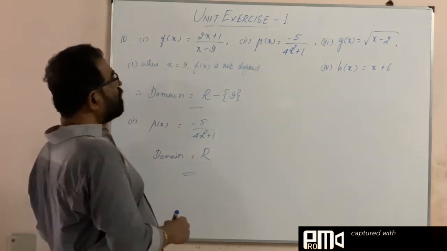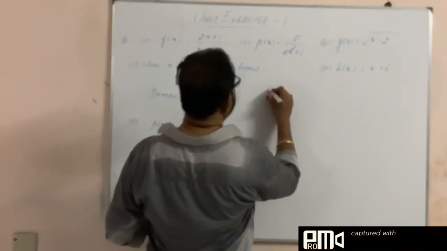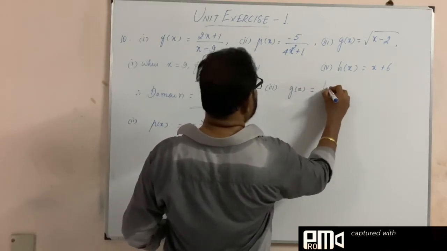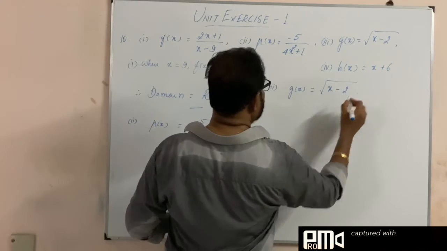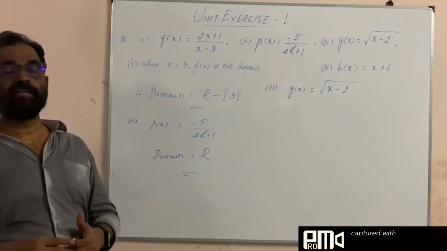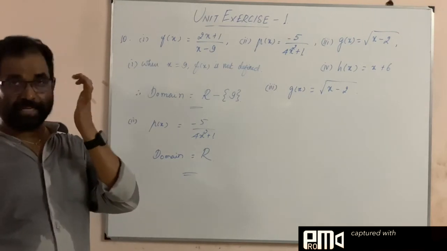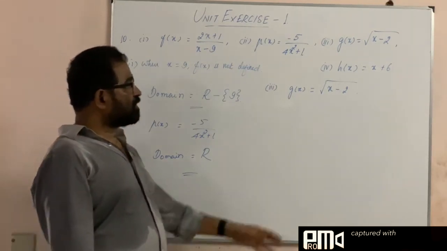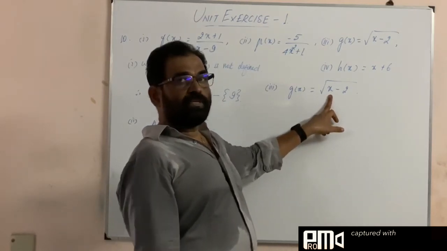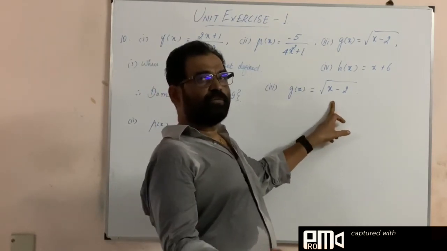Okay. Now, third one. g of x is the square root of x − 2. I told you, inside the square root, we should not get any negative numbers. Suppose x is equal to 2. This becomes 0, and the square root of 0 is 0.